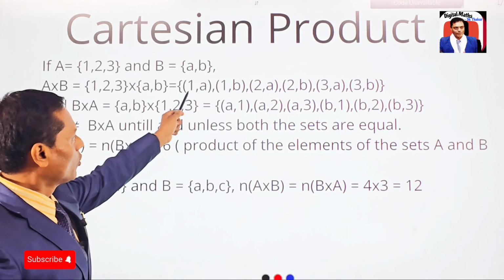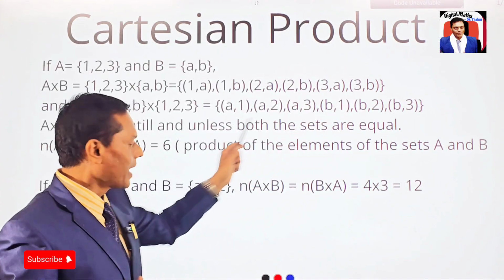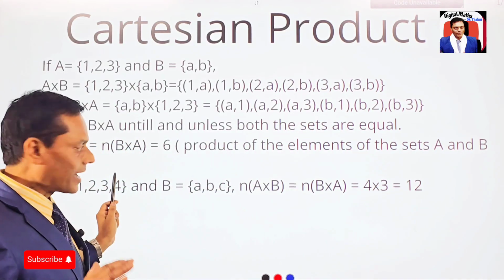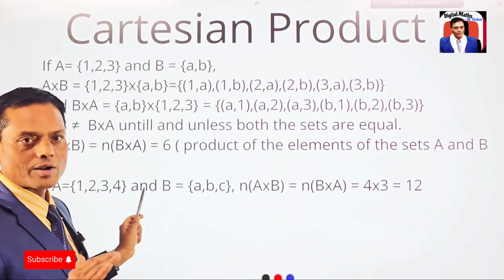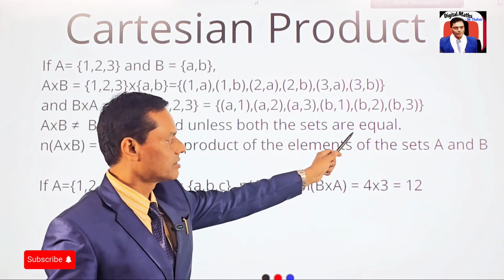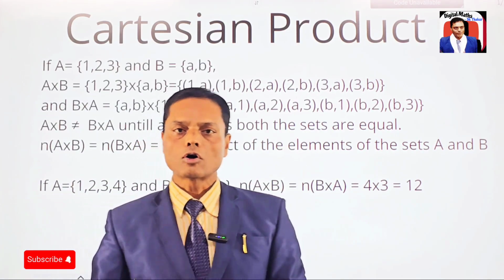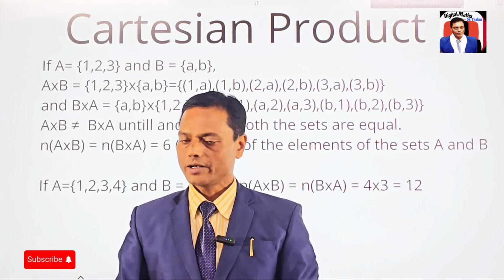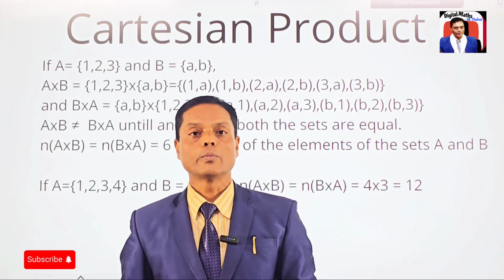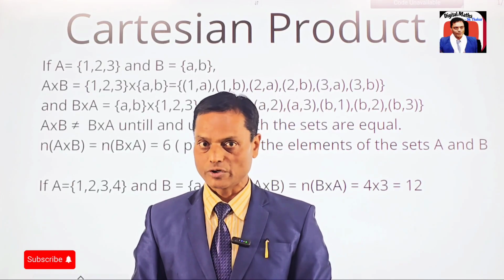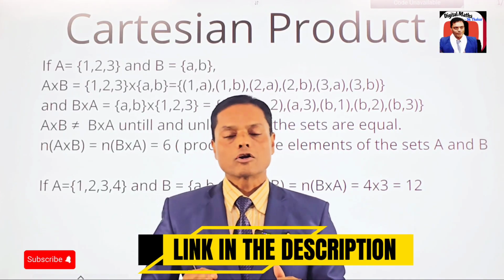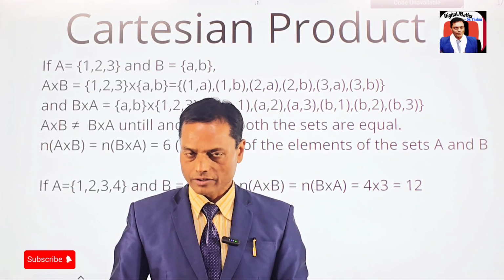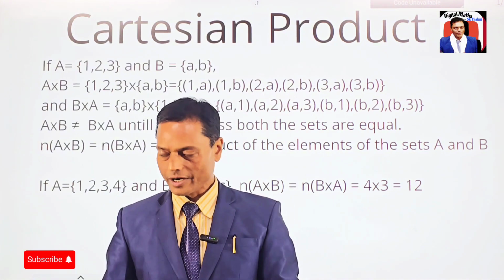You can count here 1, 2, 3, 4, 5, 6, and in B cross A the number of ordered pairs is also 6. So the number of ordered pairs in A cross B and B cross A are equal. And one very important thing I explained in the previous video: A cross B and B cross A are equal if the sets A and B are equal.